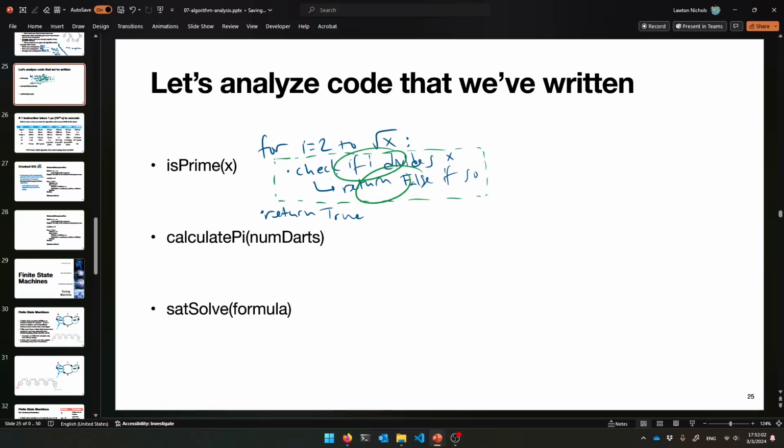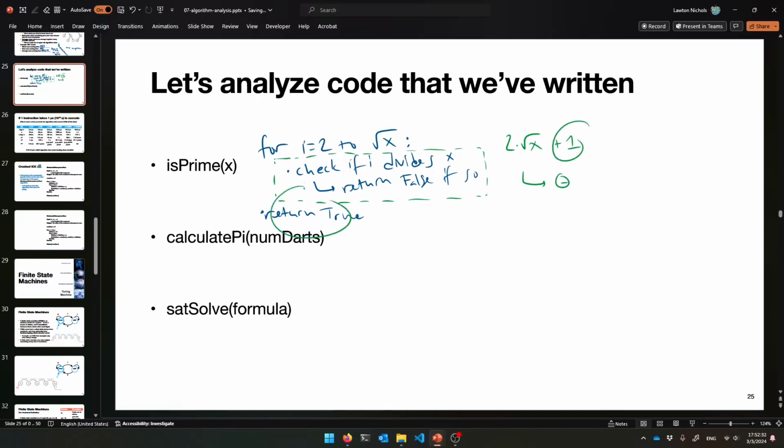If you want to count basic operations, it's like, all right, 2 things being done in here times the square root of x amount of times that we're doing it, almost, plus a return true, something like that. If you want to count basic operations, it kind of looks like that, but you don't have to really do that. Just notice that this is a constant amount of work done in here, and we're multiplying that by square root of x. So this becomes the analysis, right?